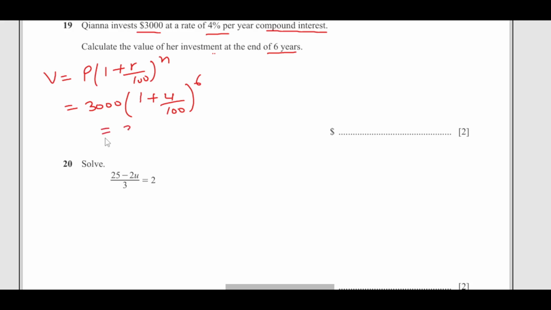So this is 3,000 times 104 over 100 to the power 6. Once you plug in the values, you are going to get 3,795.59, right? If you want to write it to the nearest dollar, this is 3,800.